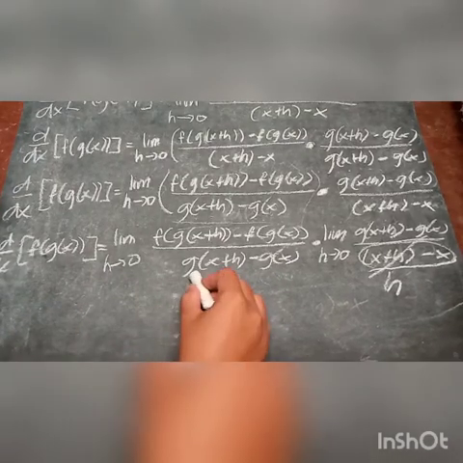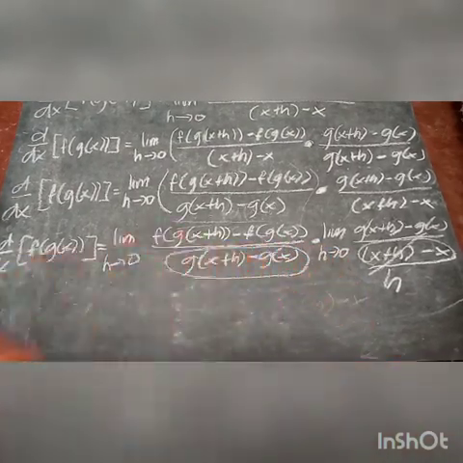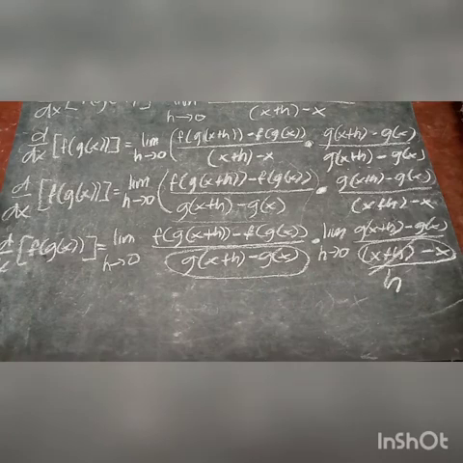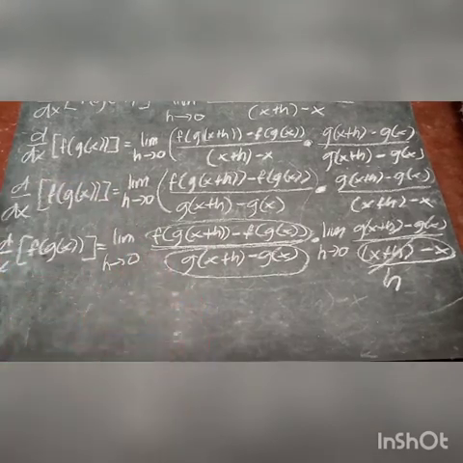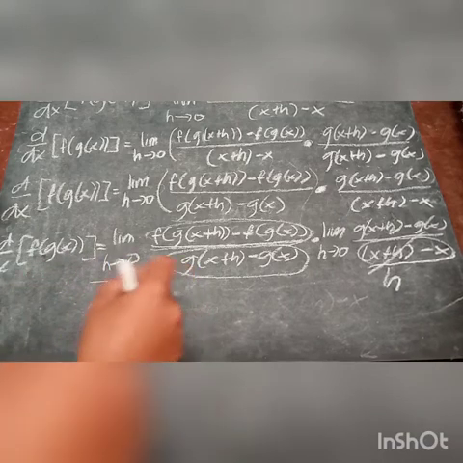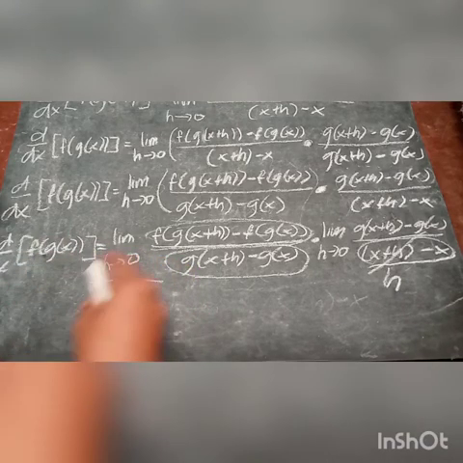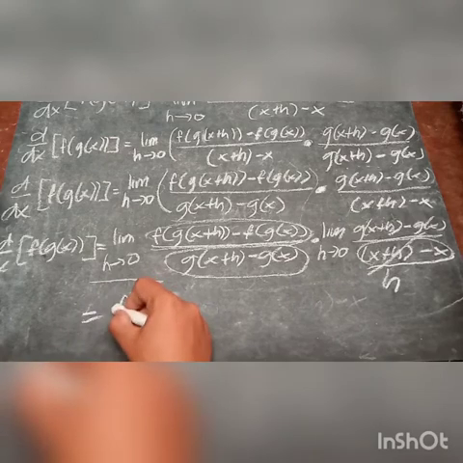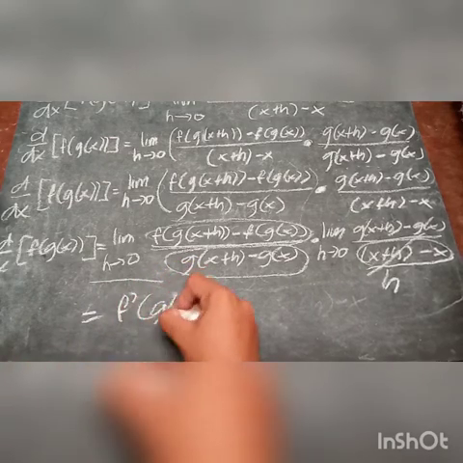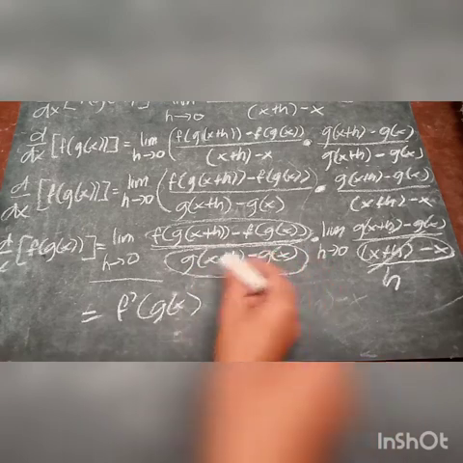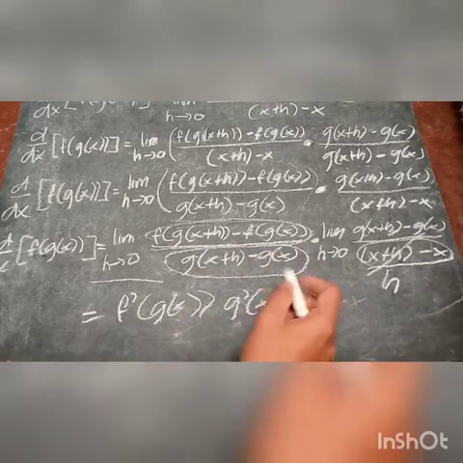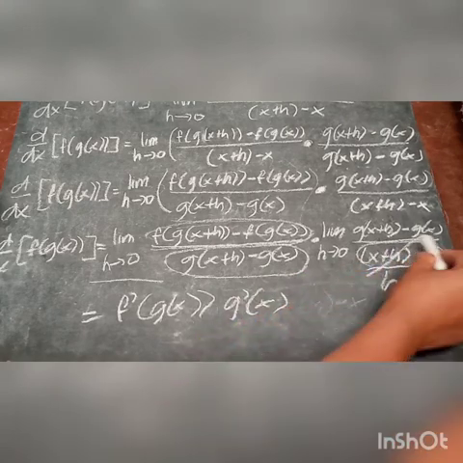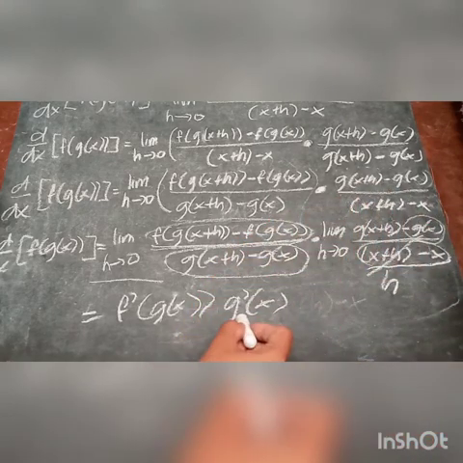And the g of x plus h minus g of x is an input into our function f. So this is the difference quotient of f. Therefore, the limit of the difference quotient gives us f prime of g of x from the first fraction, times g prime of x, the derivative of g of x, which gives us g prime of x.